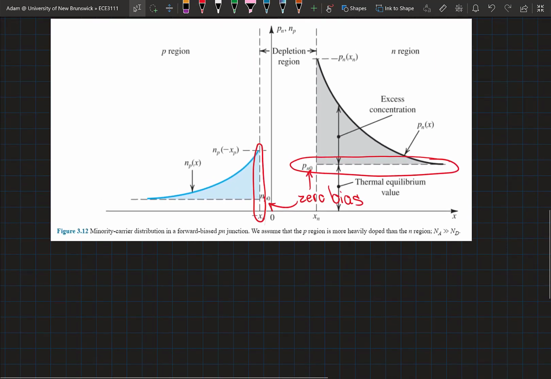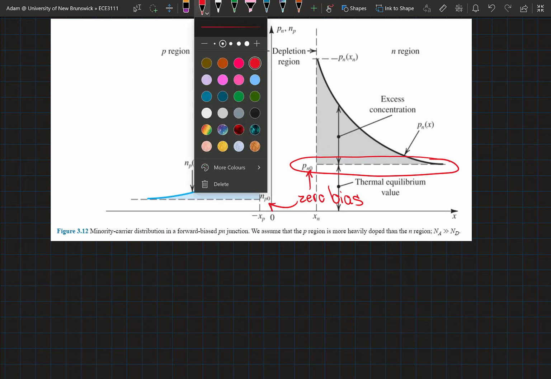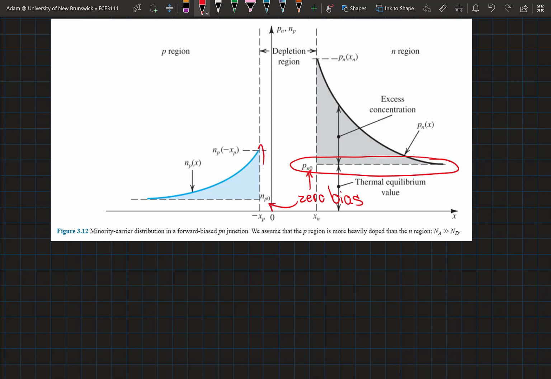right, in both of these cases. But now we can show the concentration of minority carriers right at the edge of this depletion region. For the N type material, the concentration at the edge of the depletion region, so at XP, can be shown as being the concentration at zero bias times e to the VF over VT.